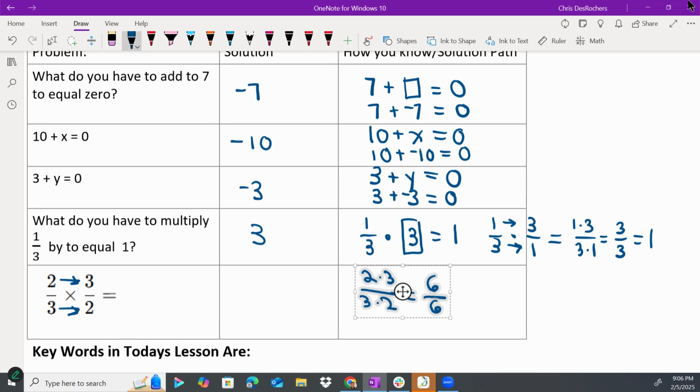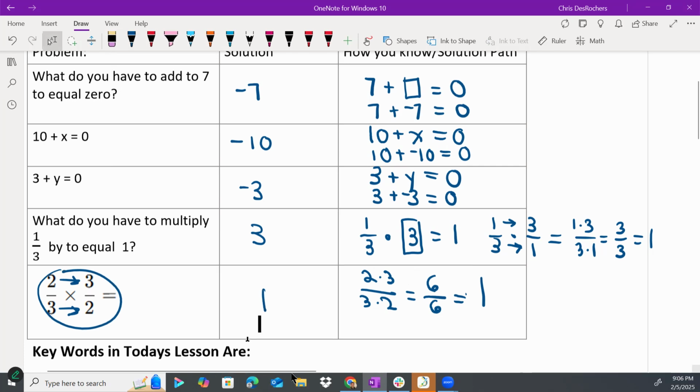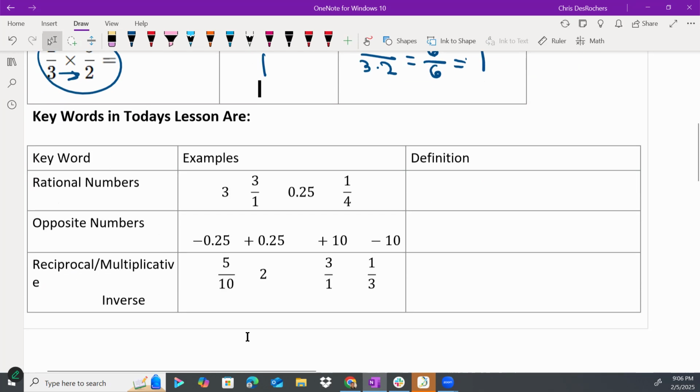And we know that 6 divided by 6 is going to be equal to 1. Okay? And so we know our answer is 1. We'll continue with this next section after we pause the video.